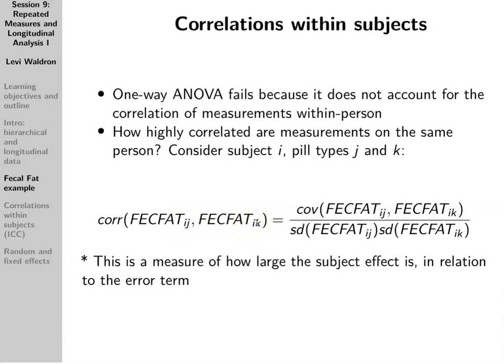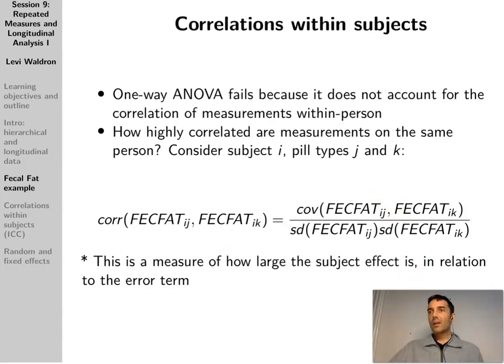So on that first table that we saw, here I'll put on my video so I can draw, where we had rows corresponding to each subject and columns for each pill type. This is just the correlation between two of those columns. And this is a definition of correlation.